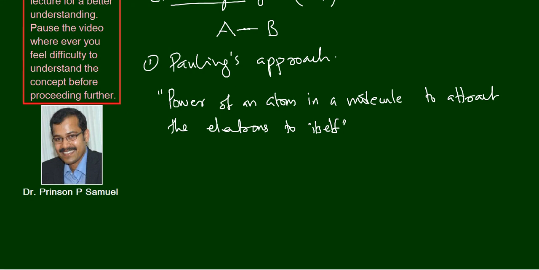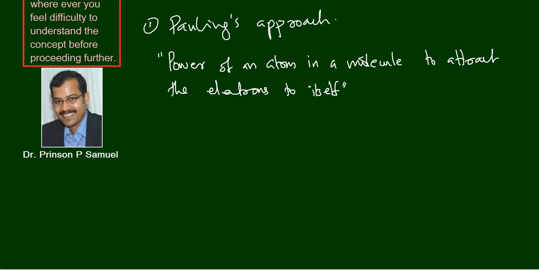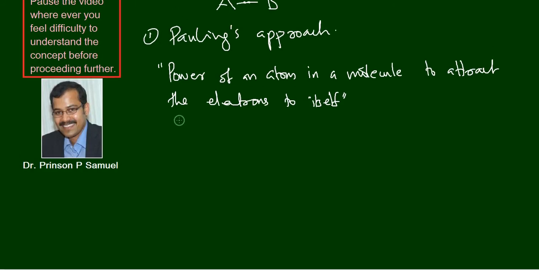Now Pauling used some thermodynamic data in order to calculate the electronegativities of different elements. For example, let us consider a reaction. AA means the molecule A2. This is a homonuclear diatomic molecule of the element A. By saying homonuclear diatomic molecule, we mean that the molecule is formed by atoms of the same element.